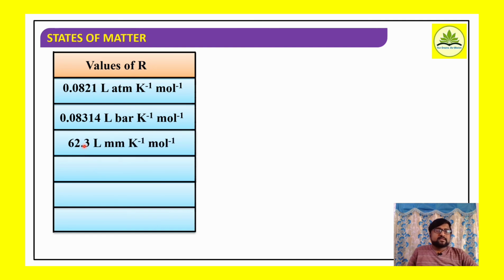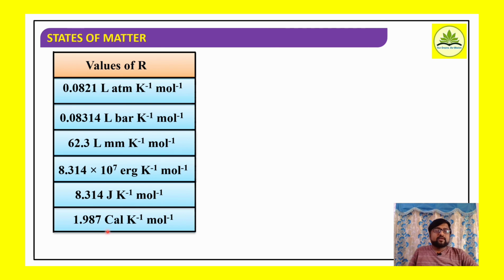In terms of SI system, 62.3 liter millimeters per Kelvin per mole, in terms of ergs, 8.314 into 10 raised to 7 erg per Kelvin per mole, in terms of joules, 8.314 joules per Kelvin per mole, and in terms of calories, 1.987 calories per Kelvin per mole.